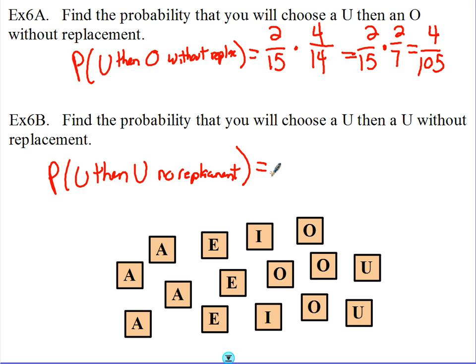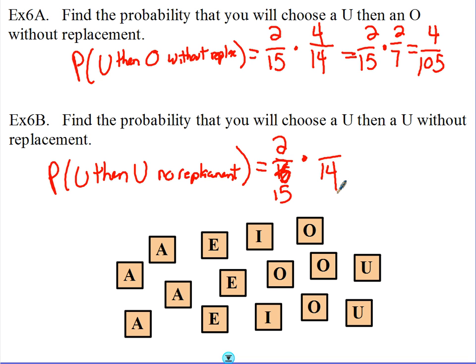I am now picking out of those 15 total, 2 of them. Once I take that one U out, I do not replace it, so my total goes down by 1. So we'll multiply by 14.